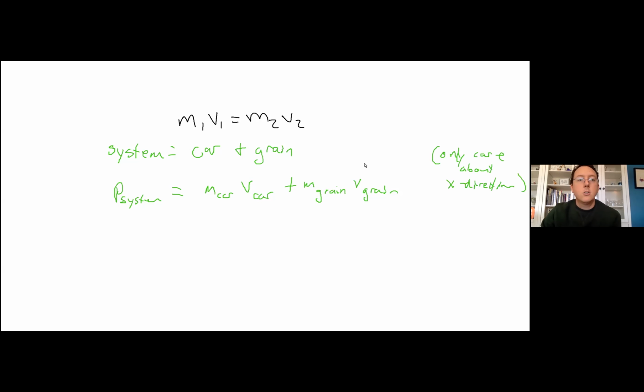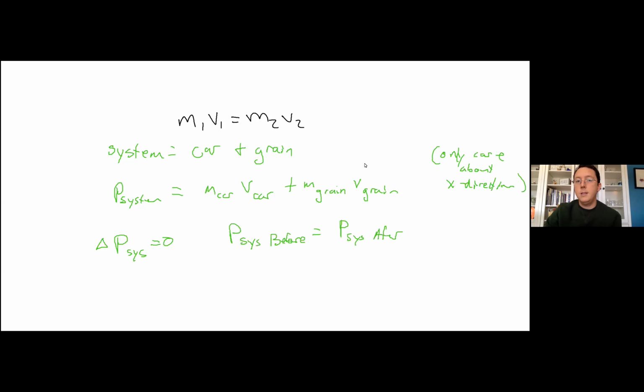Okay, so now our impulse momentum theorem says that the change in momentum of the system is 0, which means the momentum of the system before equals the momentum of the system after.